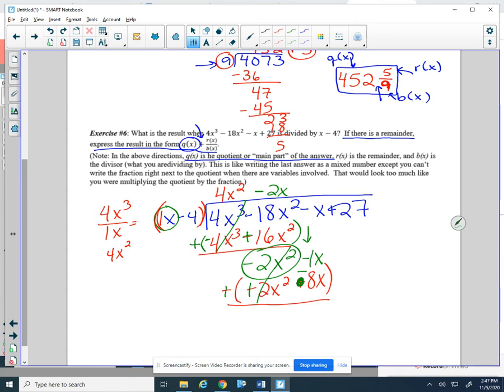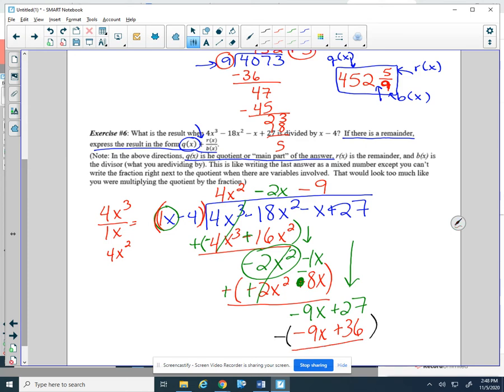Negative 1x minus 8x is negative 9x. Bring down the 27. So now our 1x goes into our negative 9x, negative 9 times. 1 times negative 9 is negative 9x. Negative 4 times negative 9 is positive 36.